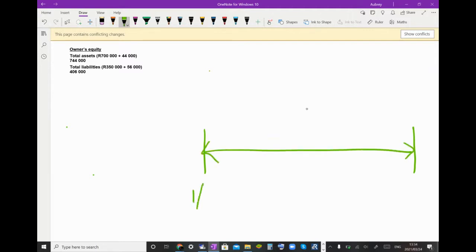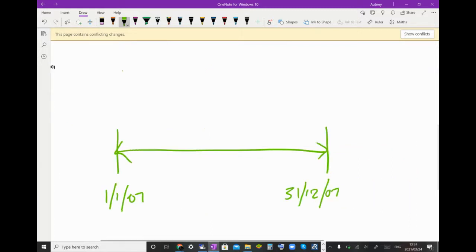Okay, 1 January 07, and this is 31 December 07. We want to find out the non-current liability and current liability.